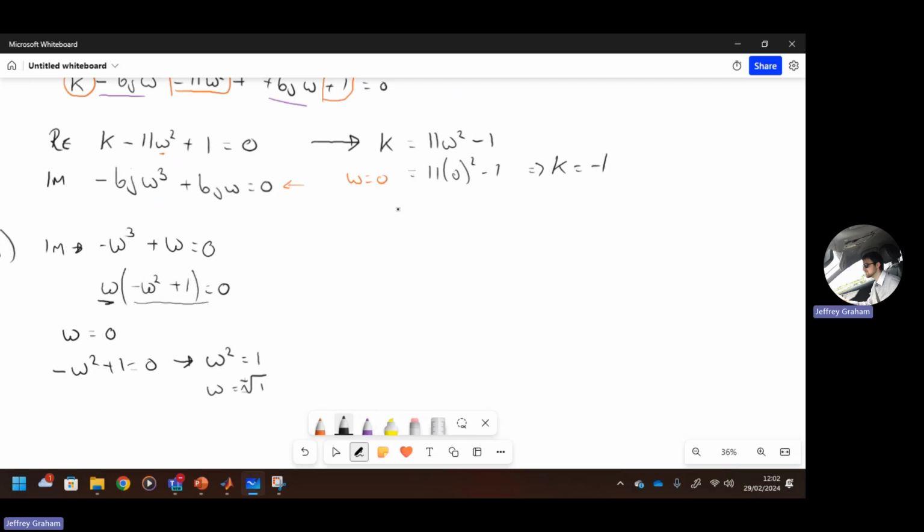Talk about that in a second. Right, this one doesn't particularly matter because you're going to end up squaring it. Right, so 11, take away 1. K equals 10.